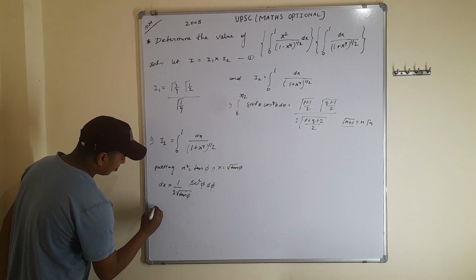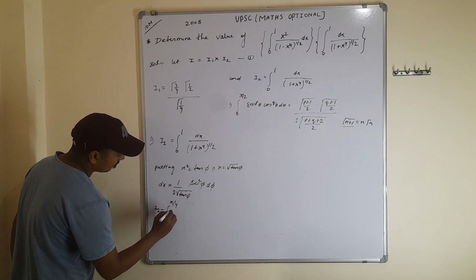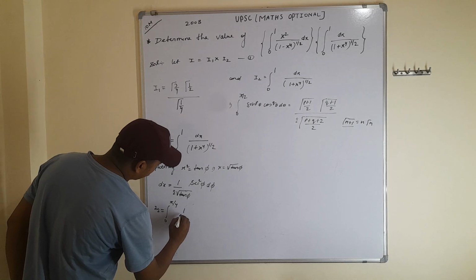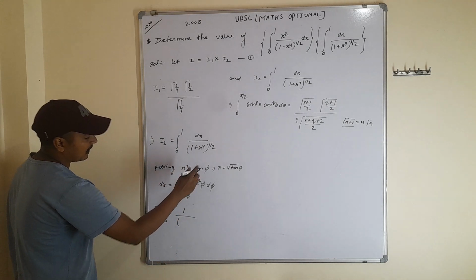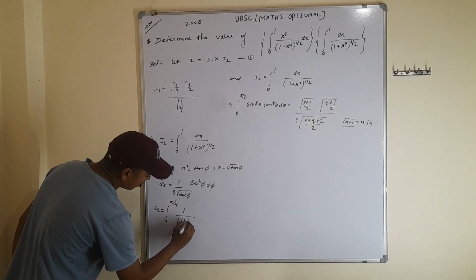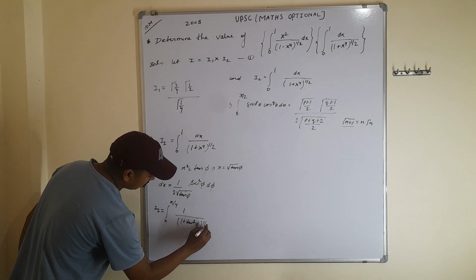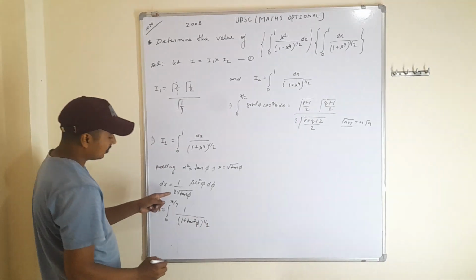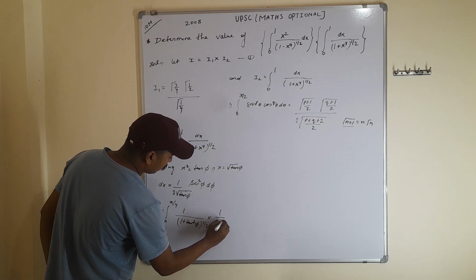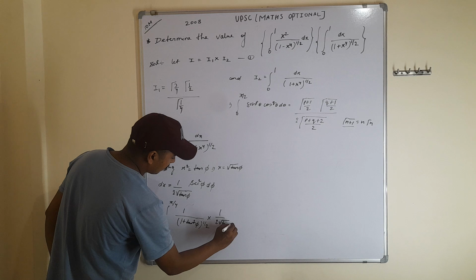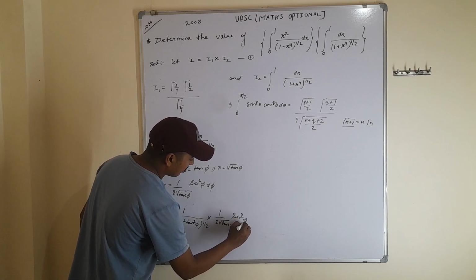Then changing limit, that is I2 is equal to 0 to pi by 4 and 1 upon 1 plus x square, that is x square in place of tan phi, that is 1 plus tan square phi power 1 by 2, and in place of dx putting 1 by 2 root tan phi into sec square phi d phi.